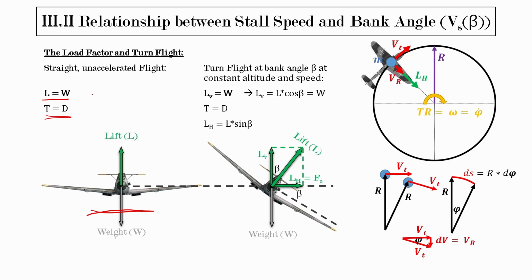Now, in order to initiate a turn, what we do is we bank the aircraft, for example in this case, to the left. Bear with me, we are looking at the front of the aircraft, not the back, so this plane is banking left, but it doesn't matter. As you can see here, the wing surface area is tilted by a bank angle beta.